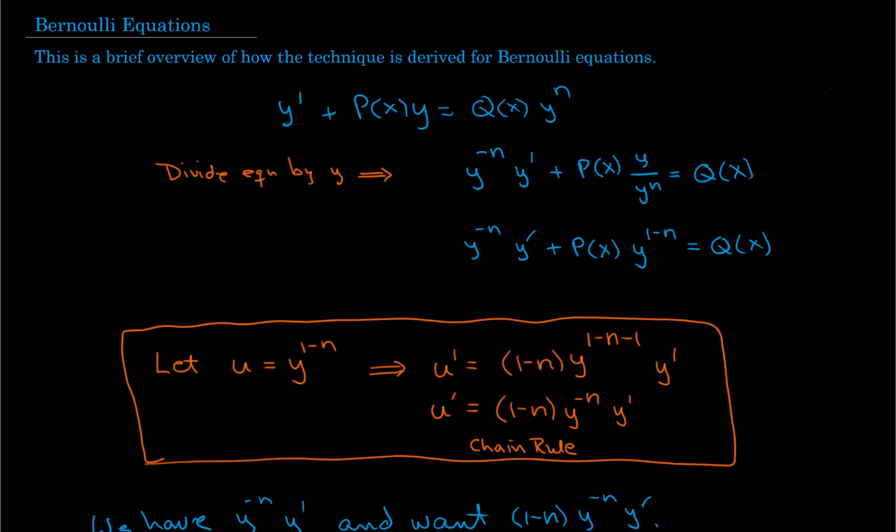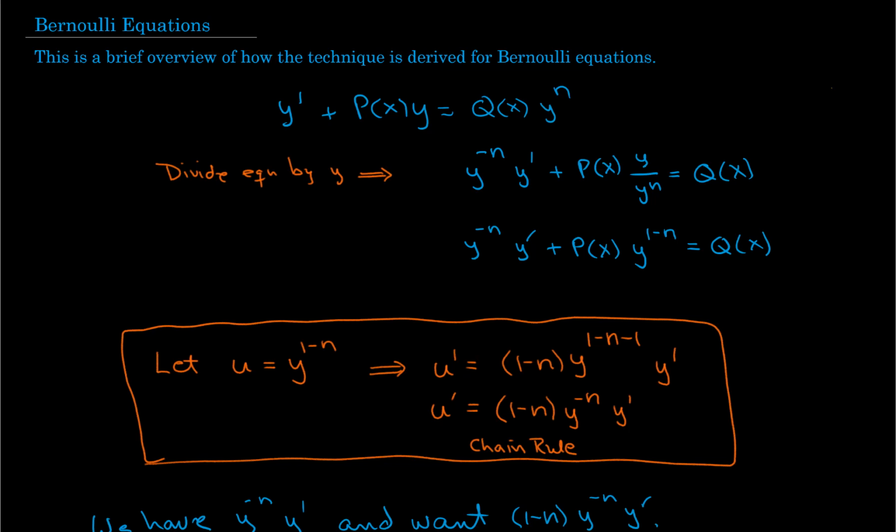Okay, so to go about solving these, what you want to do first is to divide by y to the n. And when you divide by y to the n, you're going to get y to the negative n, y prime, plus p of x, y divided by y to the n, equals q of x. So on the right-hand side, your y to whatever the power is going to go away.